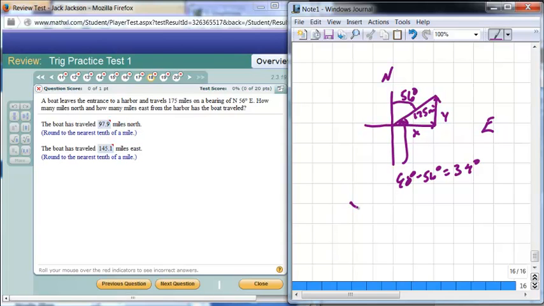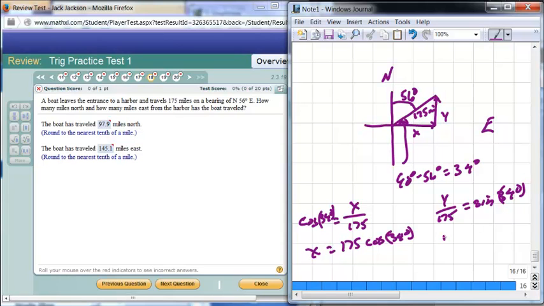So x over 175 miles is the cosine of the 34 degrees. So x is 175 times the cosine of 34 degrees. And similarly, y over 175 is the sine of the 34 degrees. So y is 175 sine of 34 degrees.